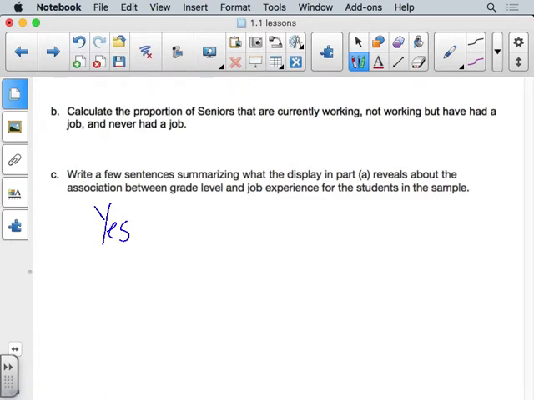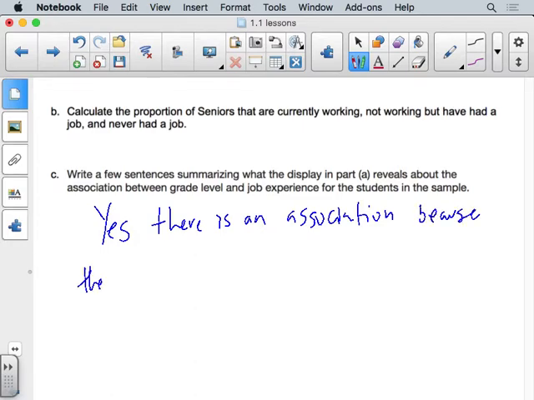So yes, there is an association, because something like the graph shows seniors are more likely to be working and juniors are more likely to have never had a job. Something about some of the differences there.